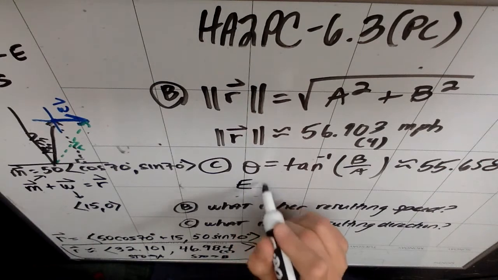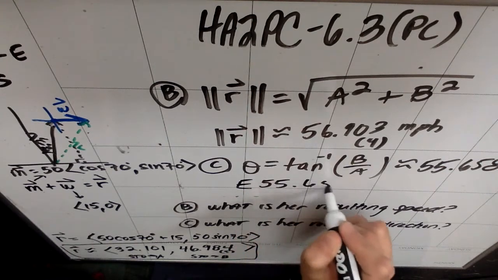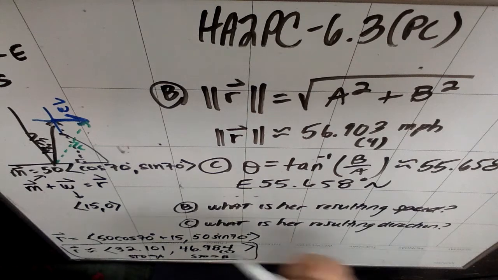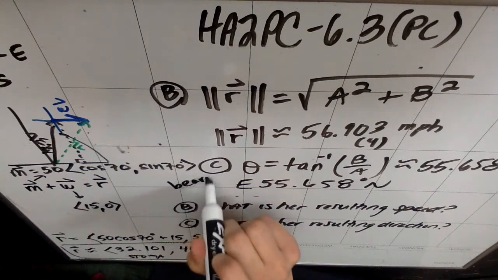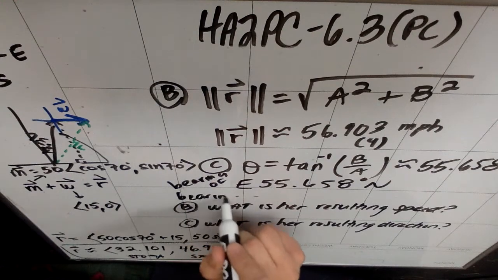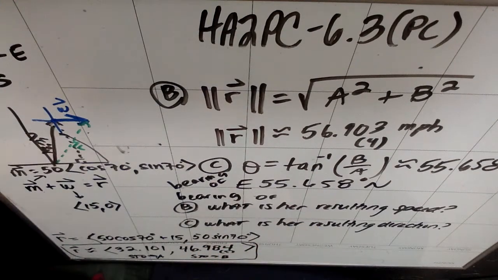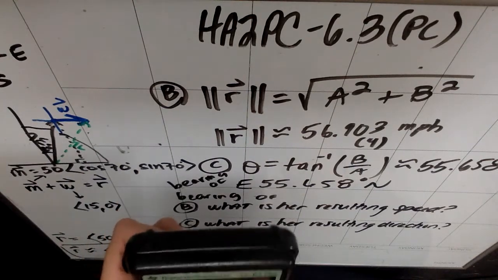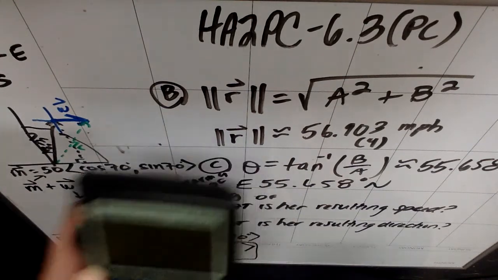Now, if you wanted to say it as a bearing, there's a couple ways you can say this. You could say east 55.658 degrees north, because you're facing east and turning this way from the positive x-axis, and that's fine. The other way you could say it is as a bearing. You could just find the missing part up to 90, subtract that from 90 and get 34.